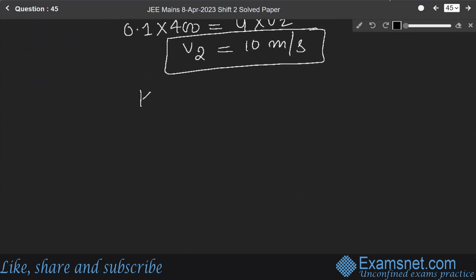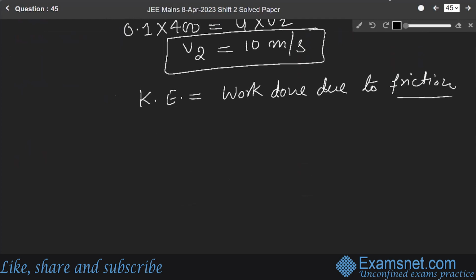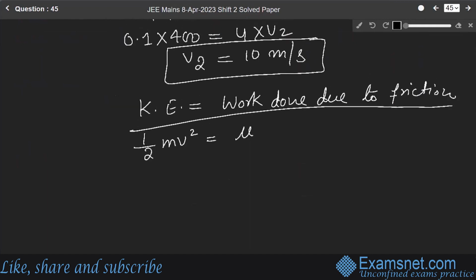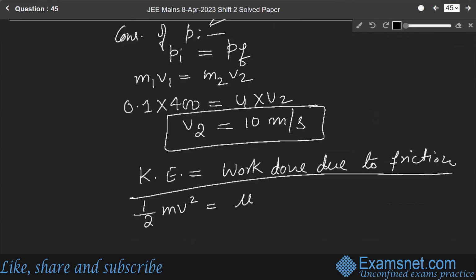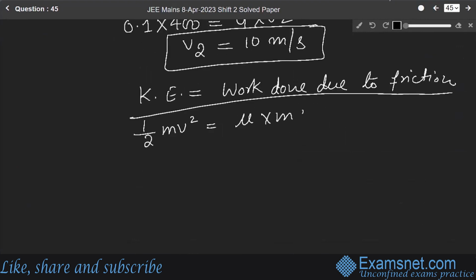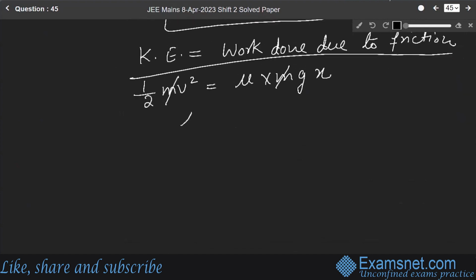Also, we know that kinetic energy equals work done due to friction. So in this case we apply this formula: half m v square equals mu, the coefficient of friction, into m g into x. The m cancels out. So mu will be equal to v square over 2gx.